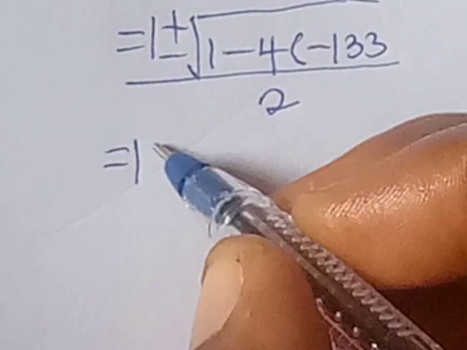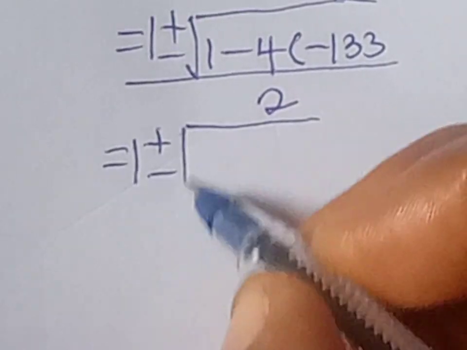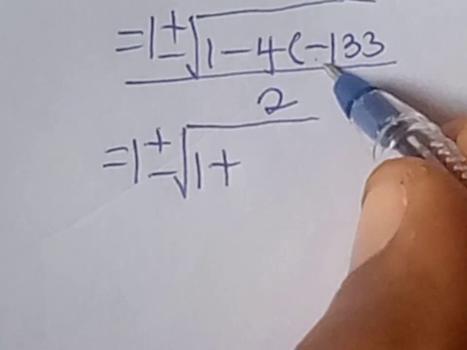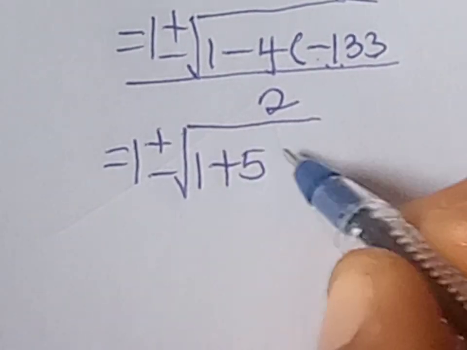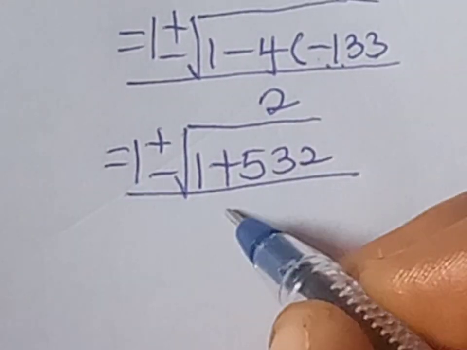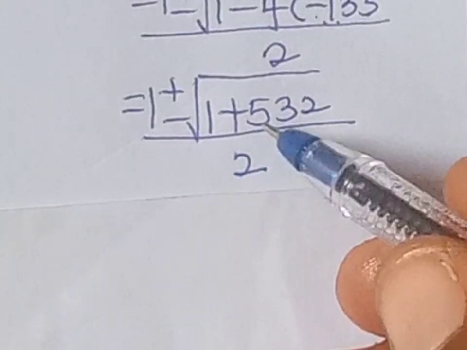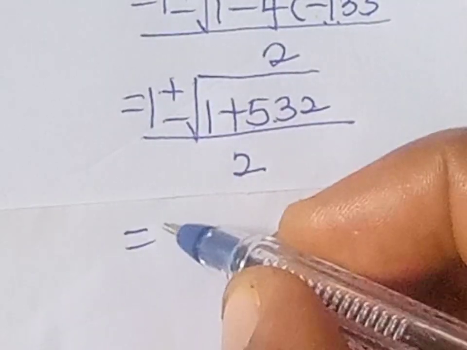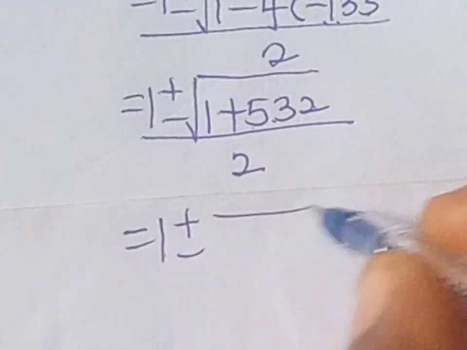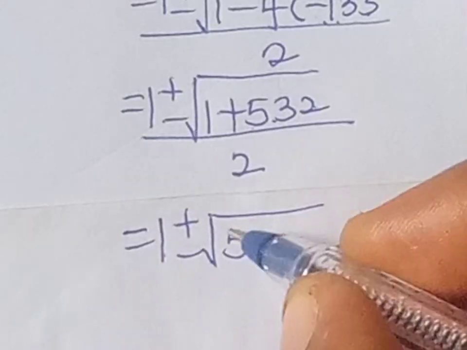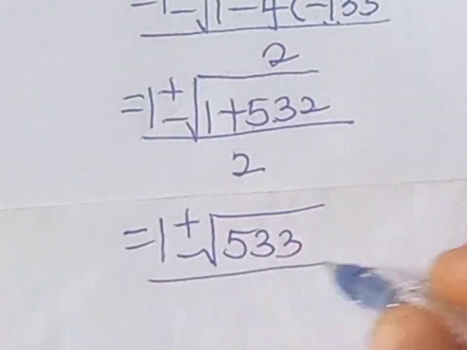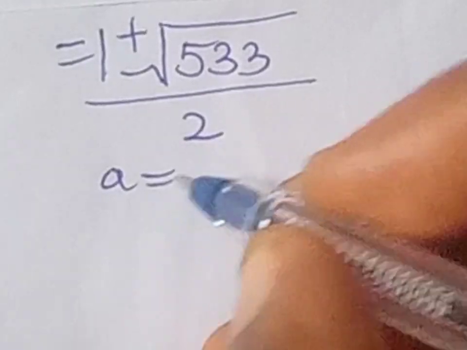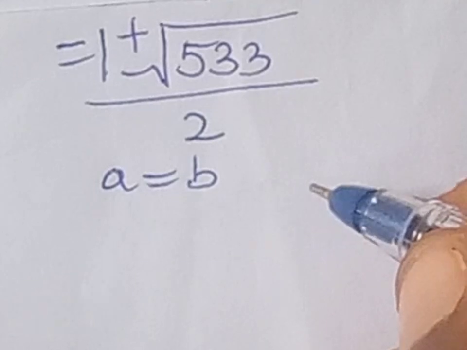Minus times minus will give us plus. 4 times 133 will give us 532. 1 plus 532 will give us 533. So we have a equals 1 plus or minus square root of 533 divided by 2.